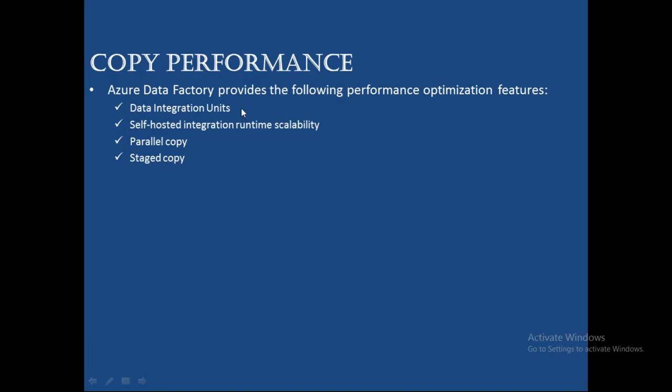Next, parallel copy. As we discussed, it's nothing but the number of threads. If you have 1 GB of data and use two threads, the first thread will read half the data and the second thread will read the other half.